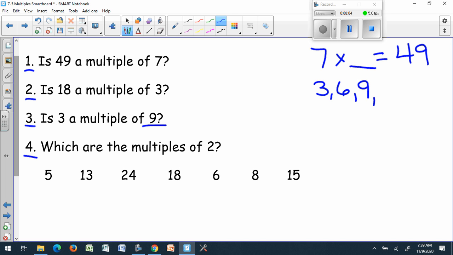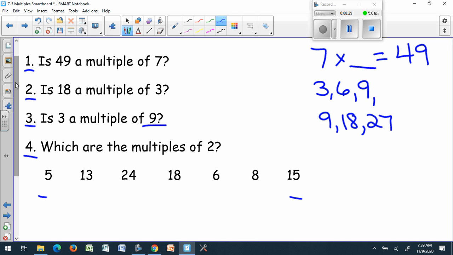If I count by 9s, am I going to say 3? So I want you to do some work for that one and write yes or no. And then for number 4, in your notebook, I want you to write down all the multiples of 2 that are in this list, from 5 all the way to 15. You can pause the video and work on that, and then I'm going to show all the answers.